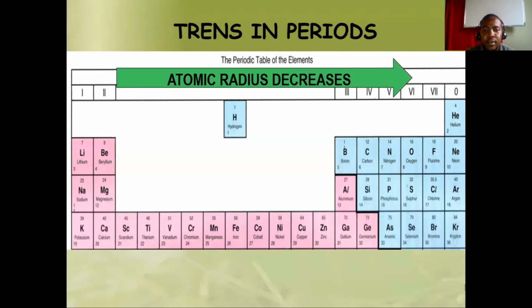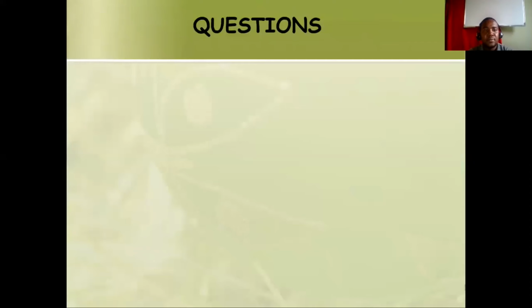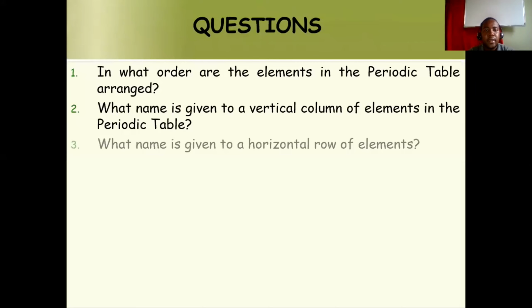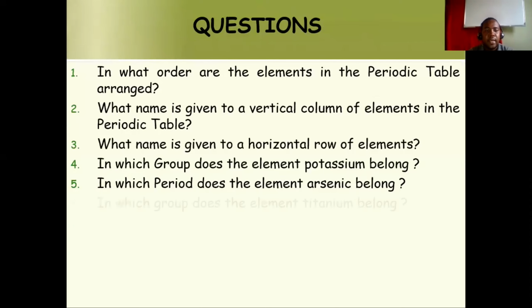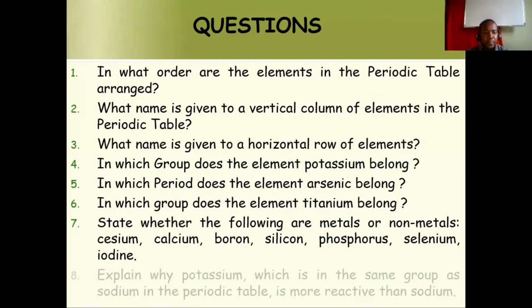Yes, it will be right below potassium. All right, next is calcium. Calcium is a metal, group 2. Boron. Non-metal. Why is it a non-metal?